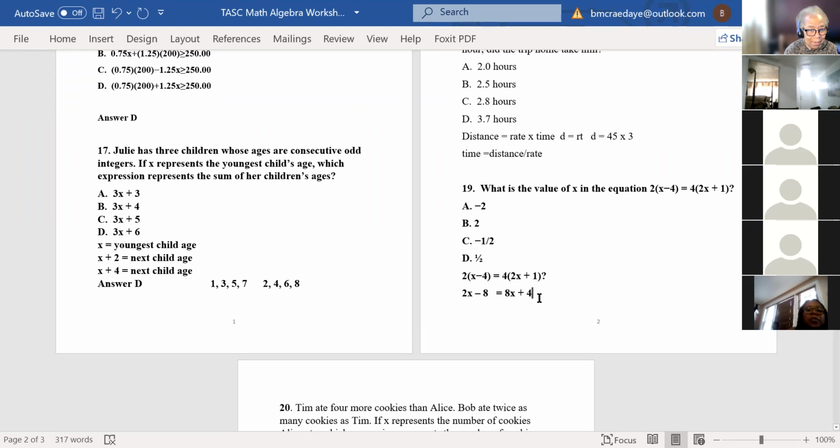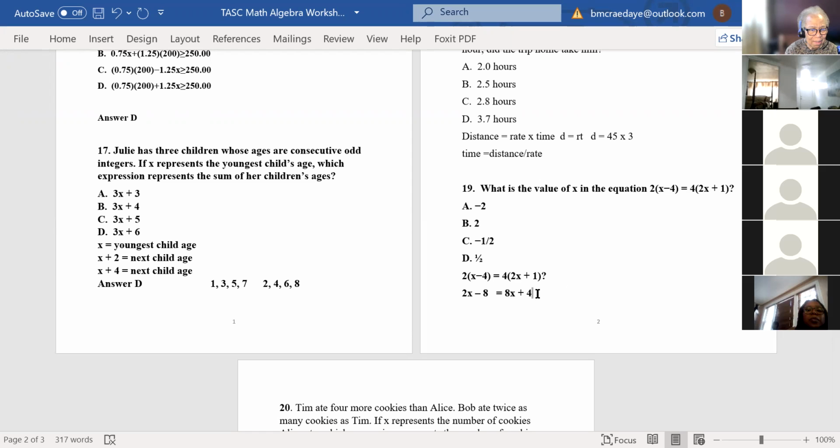Let me ask you this, Miss Barbara, because we are crossing over. Is there a change of sign, like from addition to subtraction, or from negative to positive? On our right, we have 8x plus 4. Do we change the sign?